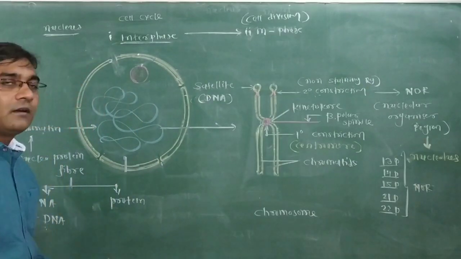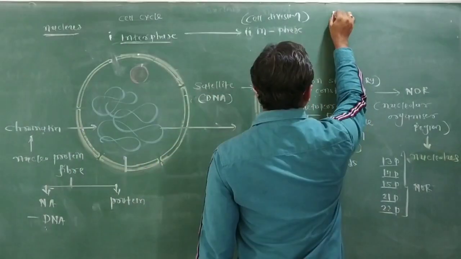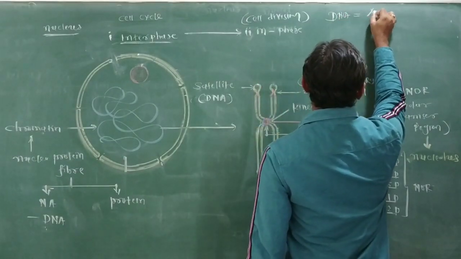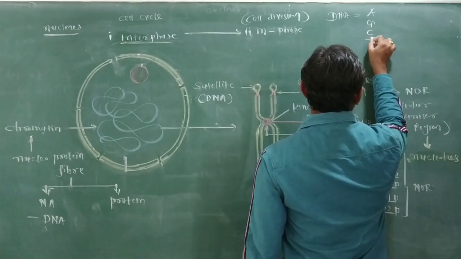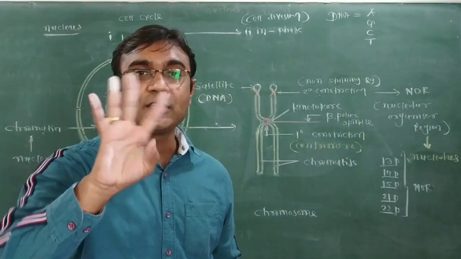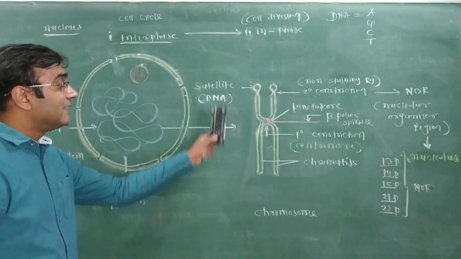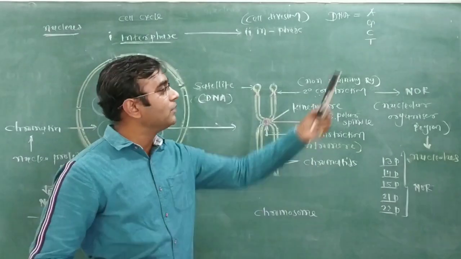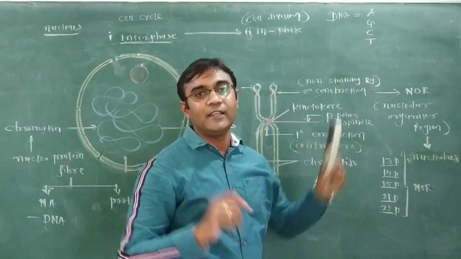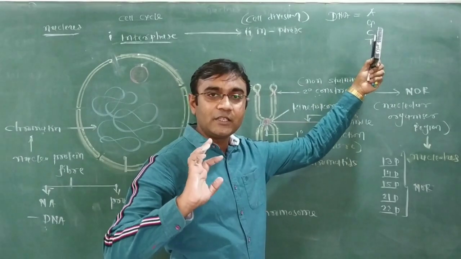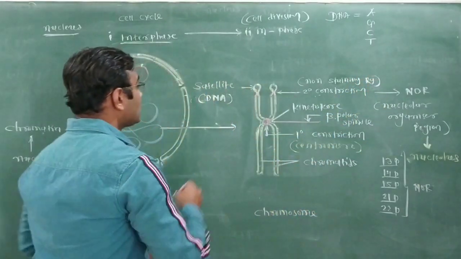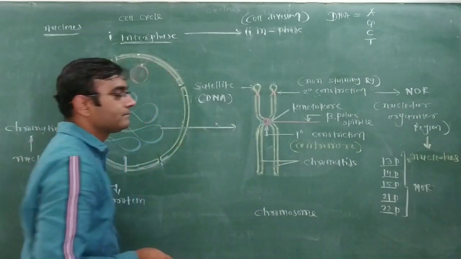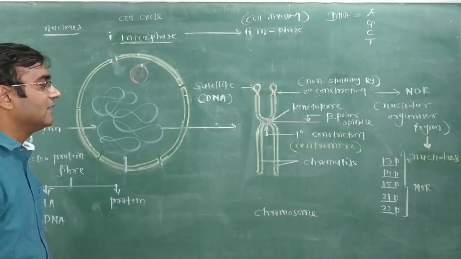DNA is made up of nitrogen bases: adenine, guanine, cytosine and thymine. Four types of nitrogen bases are present in DNA. Satellite DNA has repeated nitrogen bases. For example, T comes repeatedly, G repeatedly, C repeatedly. So it is repeated DNA, present inside this satellite region.